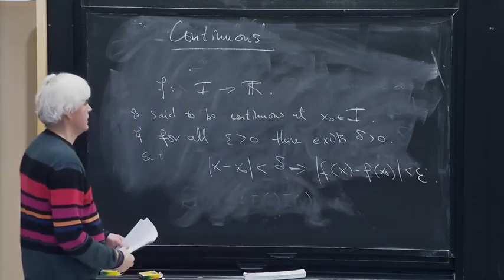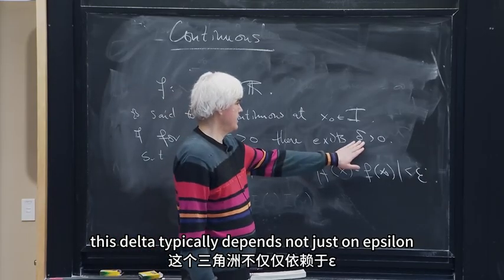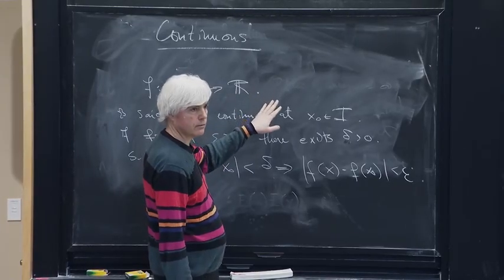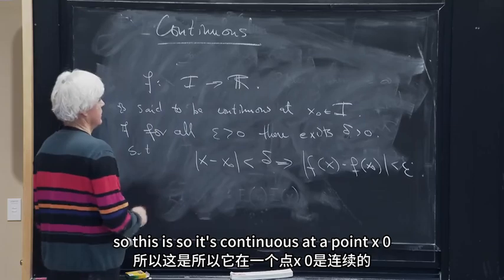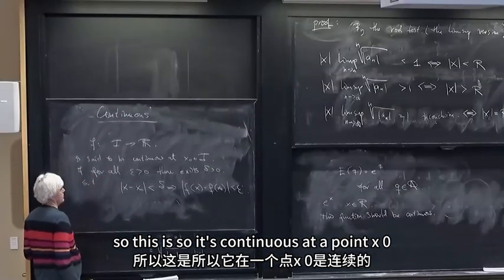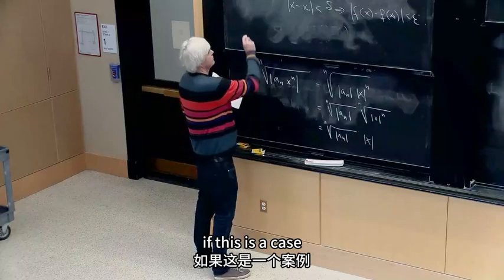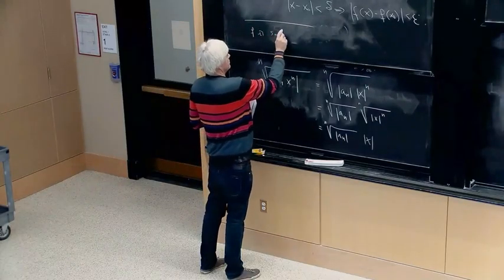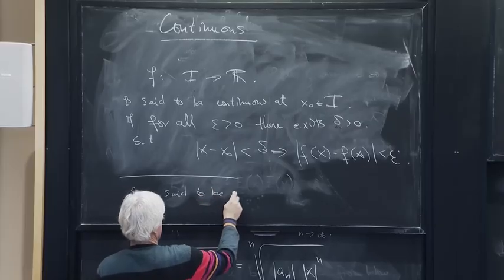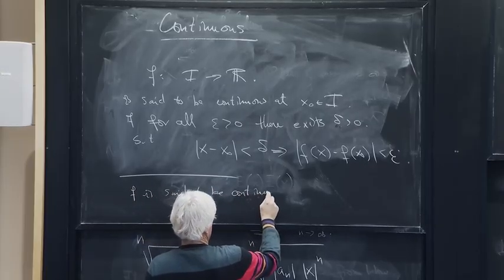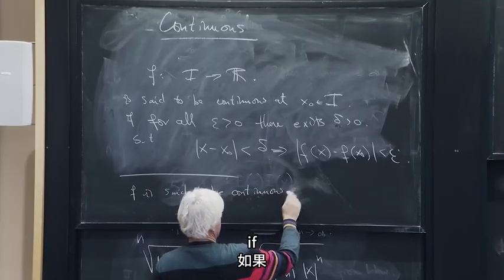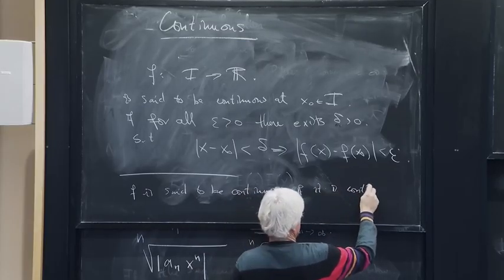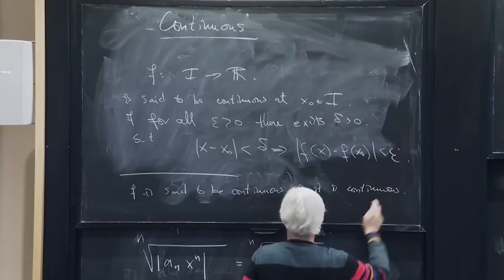Again, this delta typically depends not just on epsilon, but also on x0. So the function is continuous at a point x0 if this is the case, and the function f is said to be continuous if it is continuous at all points.